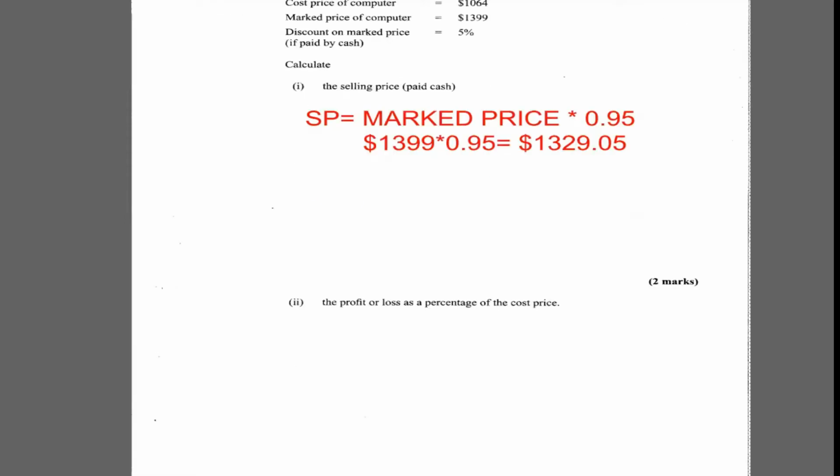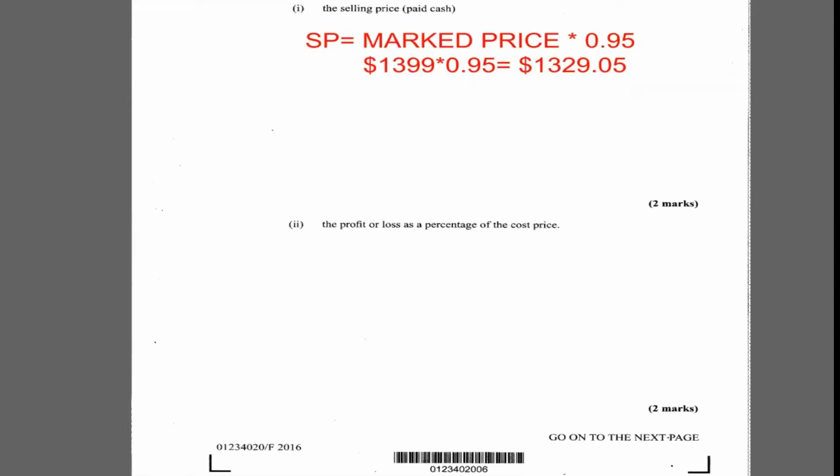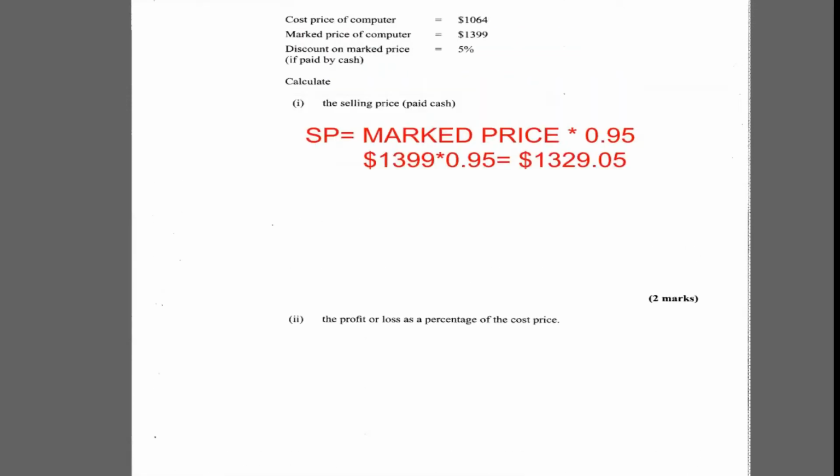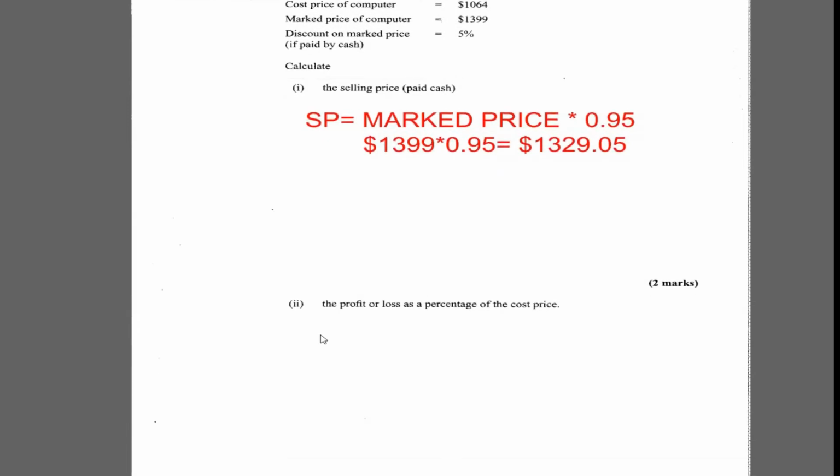It says now work out the profit or loss on the cost price. Now, first thing, before we even look at this, I want you to write down profit. The profit is equal to selling price minus the cost price.